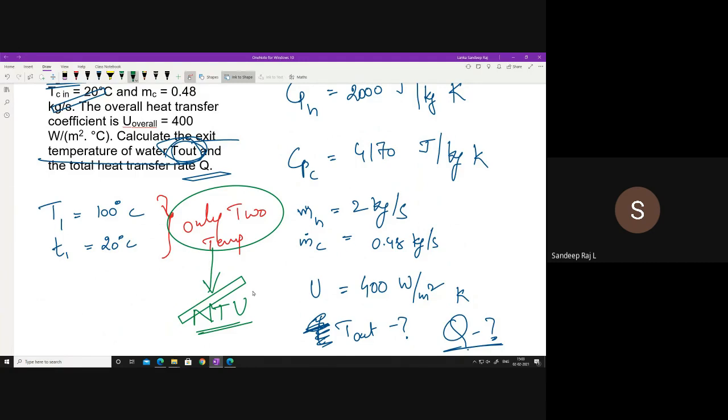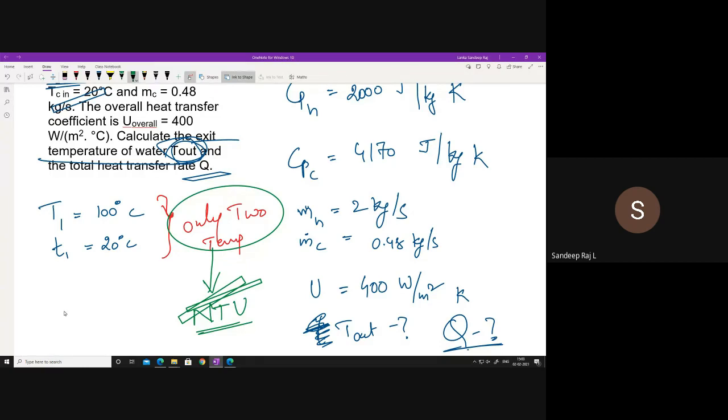He may not say it explicitly in the question itself, but you have to understand by this. If he is giving only two temperatures, then it should be a problem from the effectiveness and NTU method. If four temperatures are given, you can solve it by NTU or by LMTD. But if only two temperatures are known, you should go to the NTU. That's the point here.